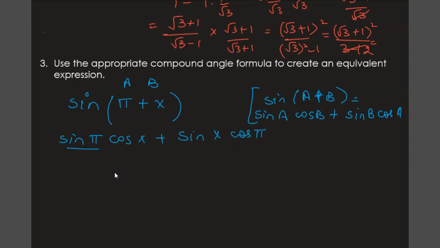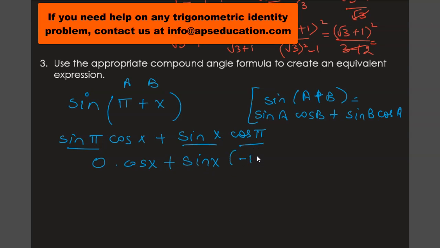Sine pi we get is 0 times cos x. Sine x written as is, cos pi is minus 1. 0 times cos x is 0. Sine x times minus 1, remember this is not sine x minus 1. This means multiplication. So we are multiplying sine x with minus 1. So we get minus sine x. Final answer is negative sine x.